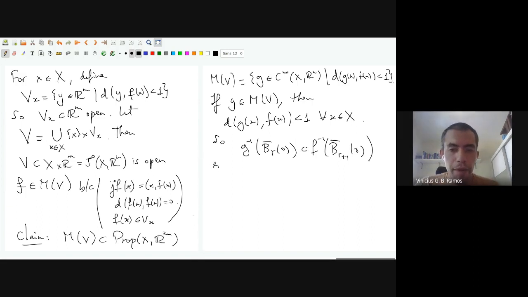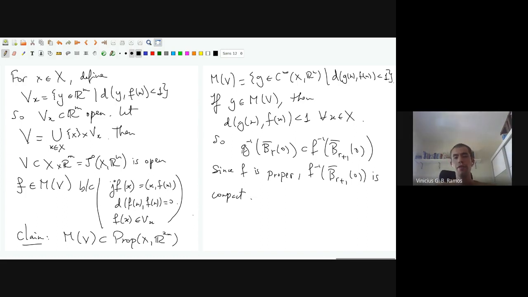So since f is proper, this pre-image is compact. And therefore this guy, it's a closed set that's contained in a compact set, so it has to be compact as well.